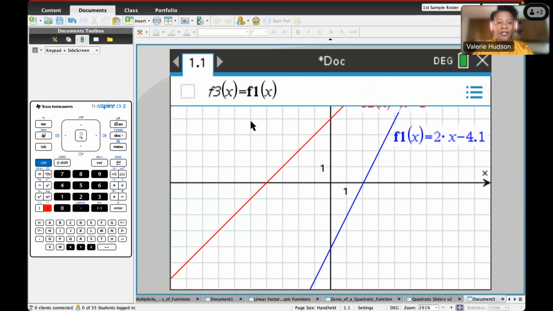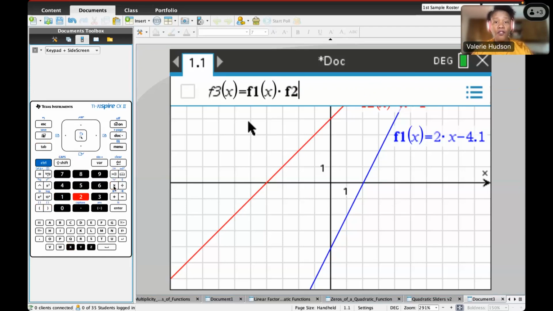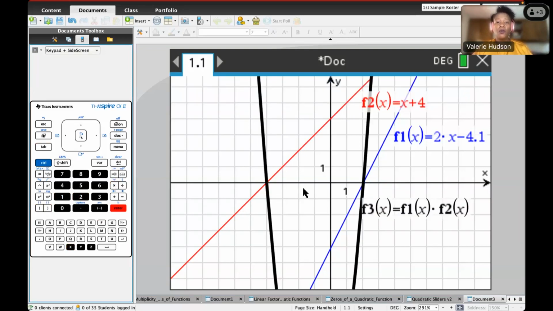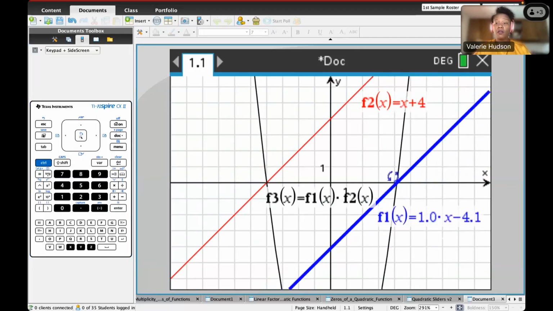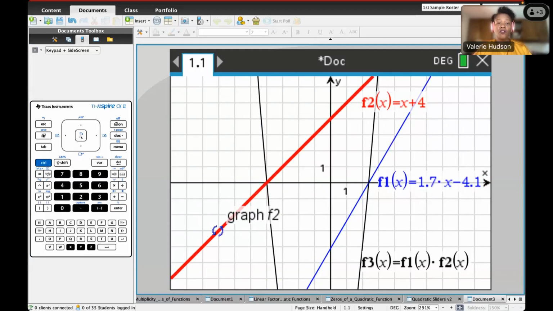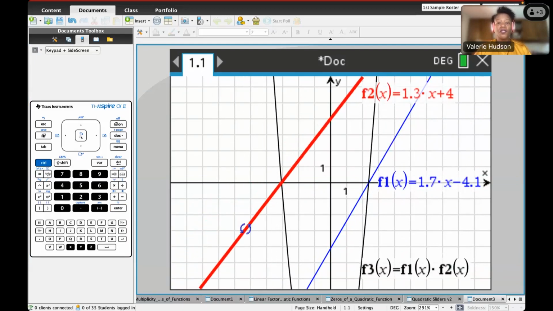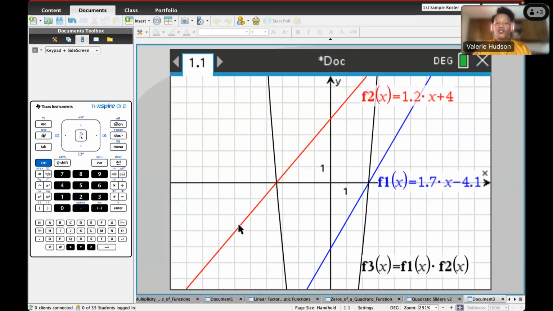So f1(x) multiplied by, so we do have to type the multiplication sign, and then f2(x), and there's our corresponding quadratic. Again, we can move our lines, and that changes the quadratic. We can have those very rich conversations about the relationship between the solutions for the linear as well as the quadratic graphs.